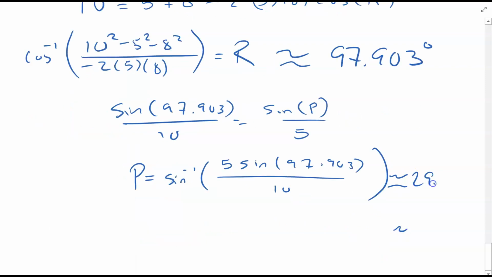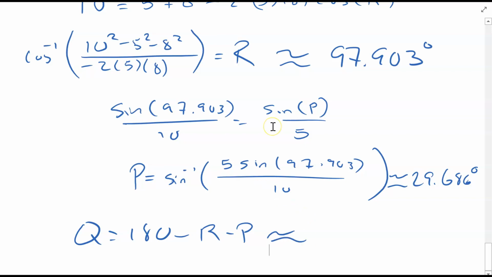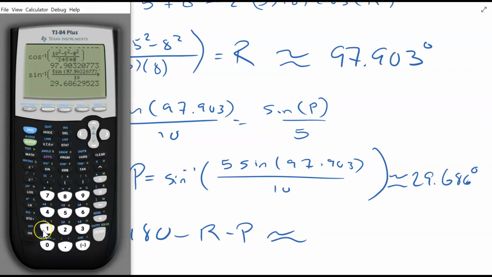And then to find angle Q, I can just do 180 minus R minus P. And that gives me 52.410.